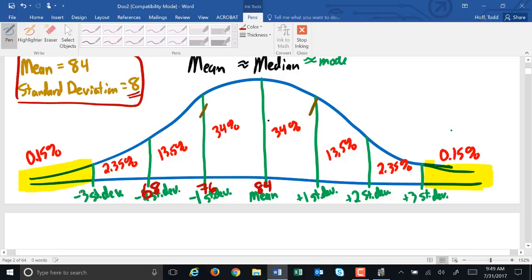And 68 minus 8 is 60. Going to the right, I'm back to the 84 at the mean again. What's 84 plus 8? 92. What's 92 plus 8? 100. And then 100 plus 8? 108.